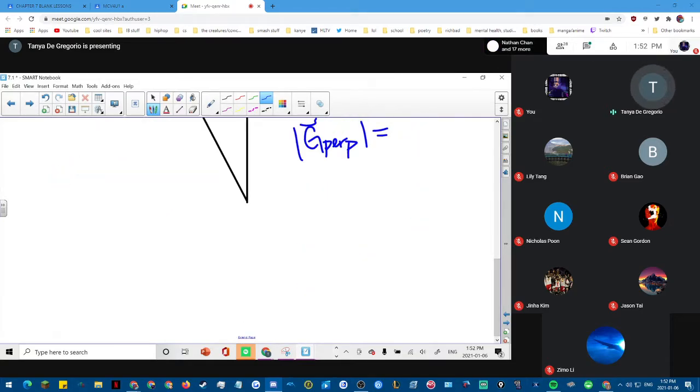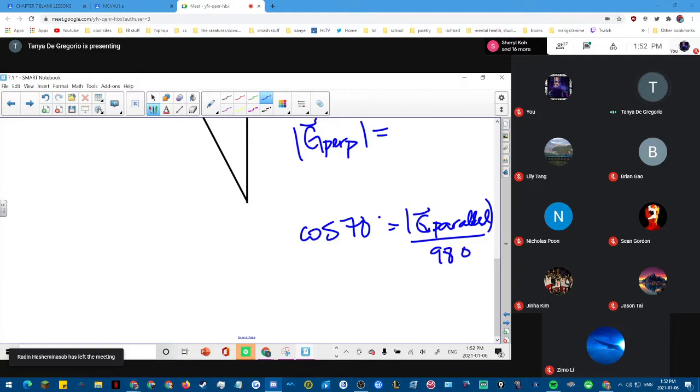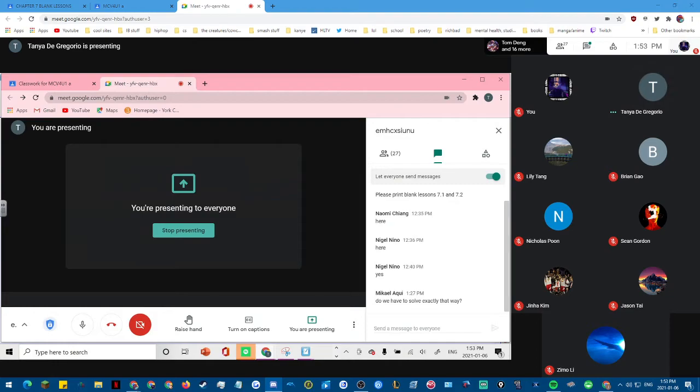And then here, I can say the cos of 78 is equal to my other force, G parallel, over 980. Go ahead and solve for this one, and I'll be back in just 1 second. And you can round it to 1 decimal place, okay, guys? 1 decimal place, just give me 1 sec.